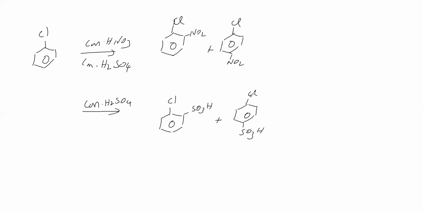Next we will see Friedel-Crafts alkylation. In Friedel-Crafts alkylation, what is the electrophile? An alkyl group is the electrophile. The alkyl group attacks at the ortho and para positions. So we take an alkyl halide and anhydrous aluminum chloride.